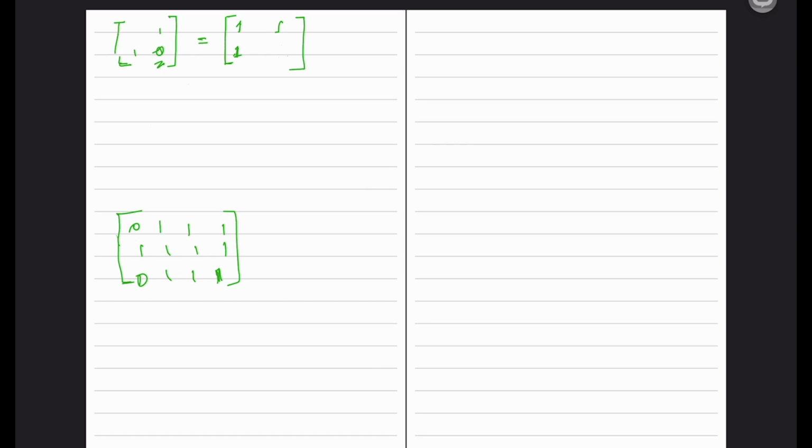Now let's assume this is also 1 and this is also 1 for now. So what will be our answer? Now we have 3 ones already. We have added those to the DP. This is the DP array, and this is the matrix that they have given.